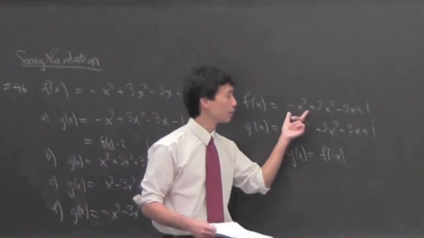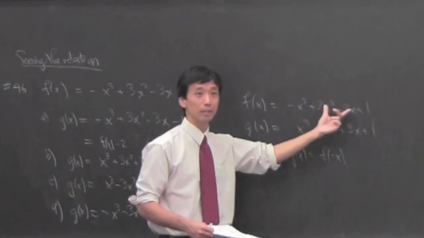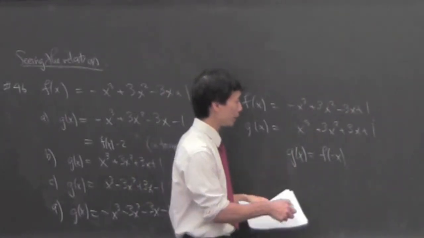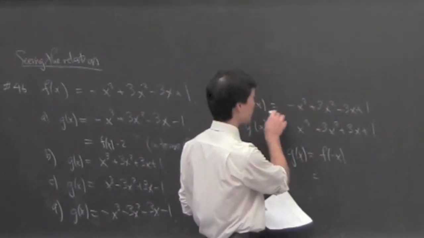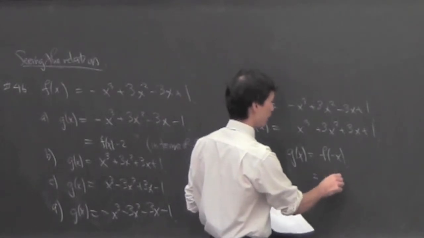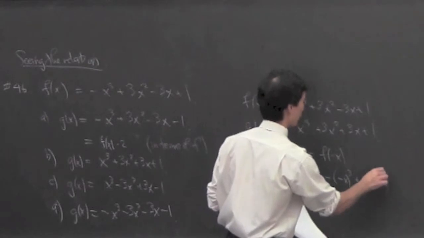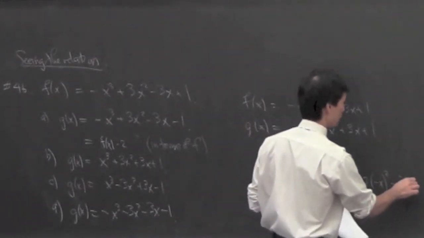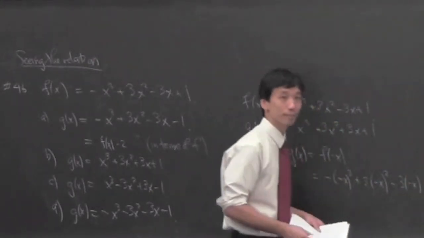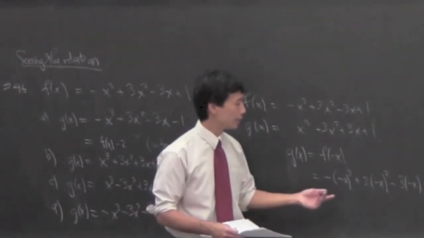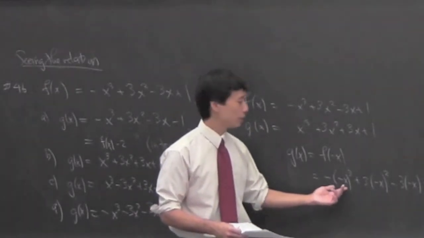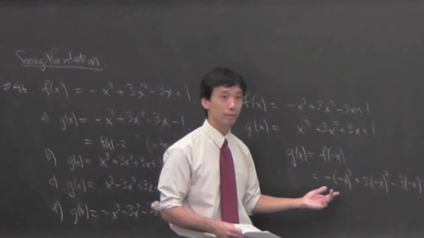If you think about it, if we put negative x into these, what's f of negative x? F of negative x is negative x cubed plus 3 negative x squared minus 3 negative x plus 1. You see that for the odd terms, out will come a negative sign.